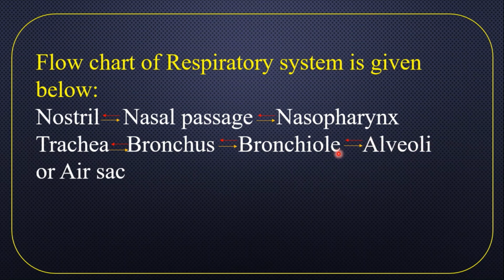Then alveoli to bronchiole, bronchiole to bronchus, bronchus to trachea, trachea to nasopharynx, nasopharynx to nasal passage, nasal passage to nostril, and nostril to the environment. That means this is exhalation. The way from nostril to alveoli is inhalation. The way from alveoli to nostril is exhalation.